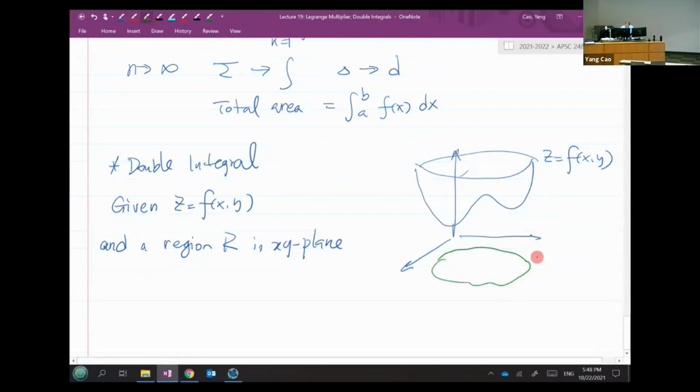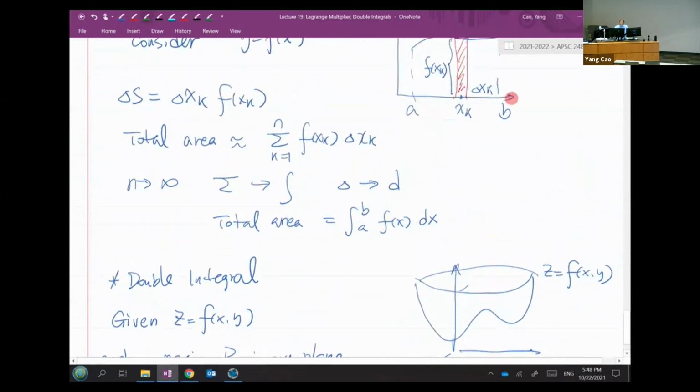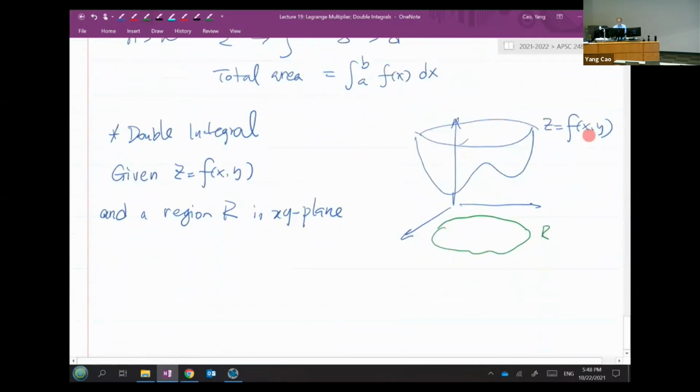When you integrate a single-variable function, you have a region A to B. Now we're dealing with a function of two variables, so we actually have a region, an area. If you pick a point in the region, you will be able to find a value on the surface z equal to f of x, y.